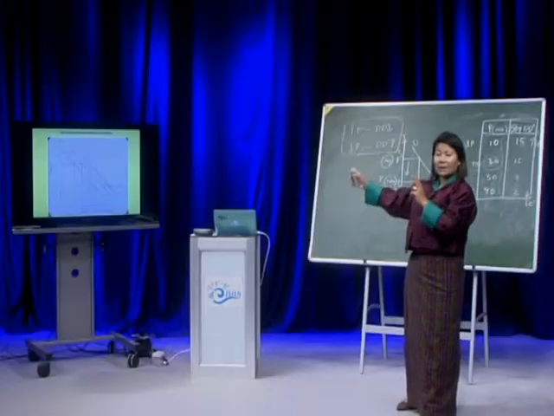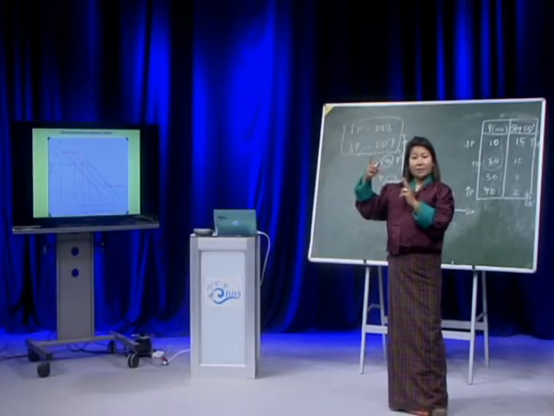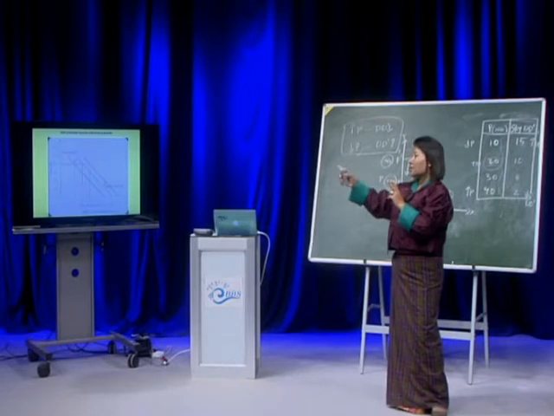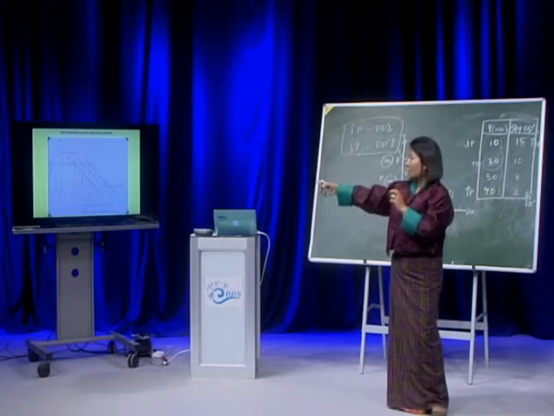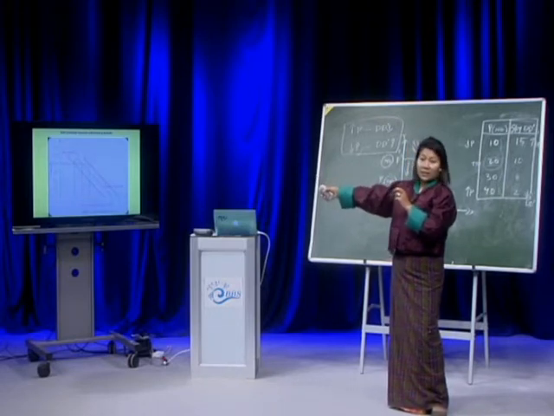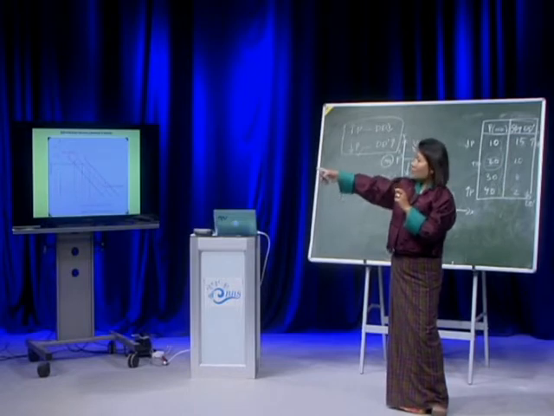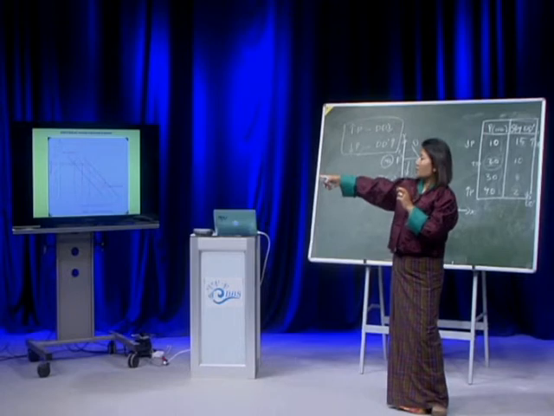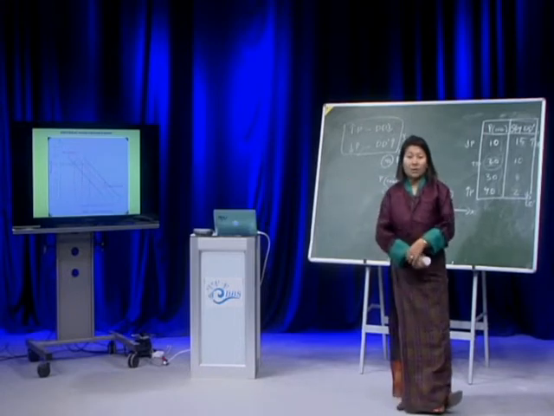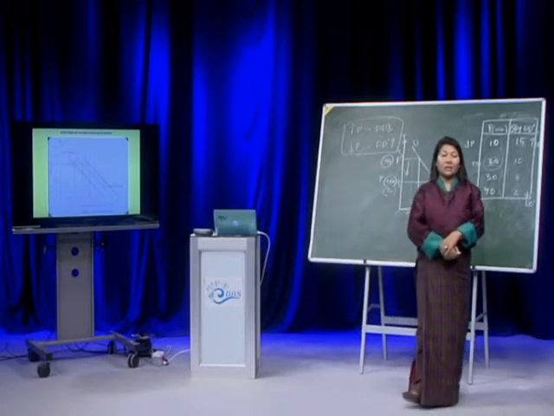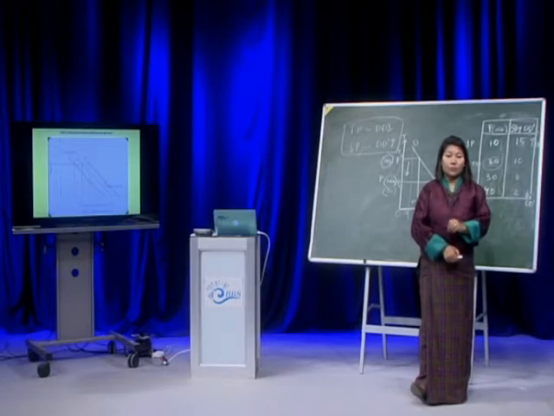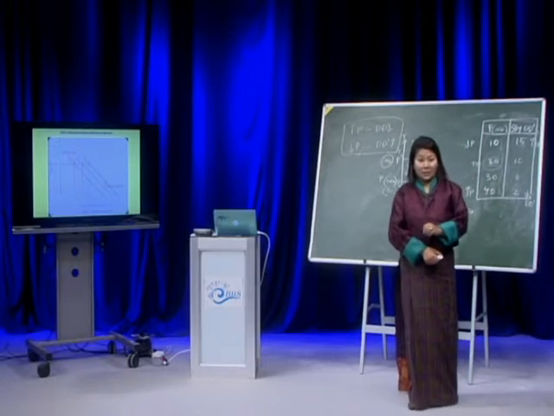So shift to the right means increase. And so if you look at the figure here, from 5 to 6, it has increased. And shift to the left or decrease, the original quantity demanded 5 has decreased to 4. So these are the two shifts in demand, which are going to be caused by factors other than price.